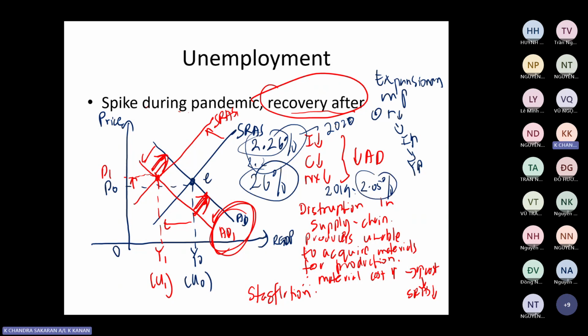How about the inflation rate? Which year? 2019, 2020. Inflation rate in 2019 is about 2.79%. 2020 is about 3.23.